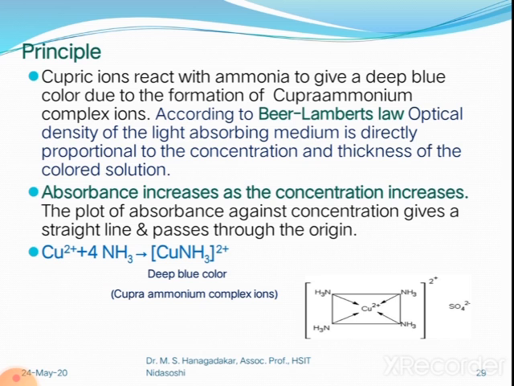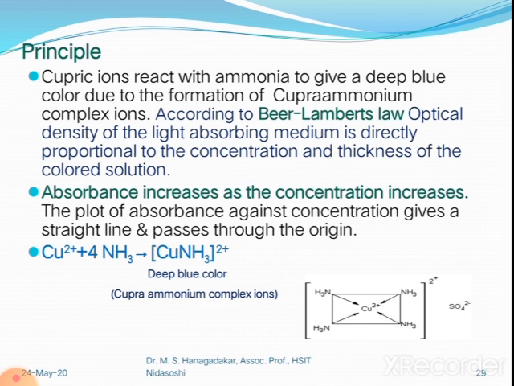Now, in the chemical reaction I explained, cupric ions means copper sulfate. When it is made to react with ammonia, a colorless liquid, in a 1:1 ratio, it forms the deep blue colored complex called the cupra-ammonium complex.